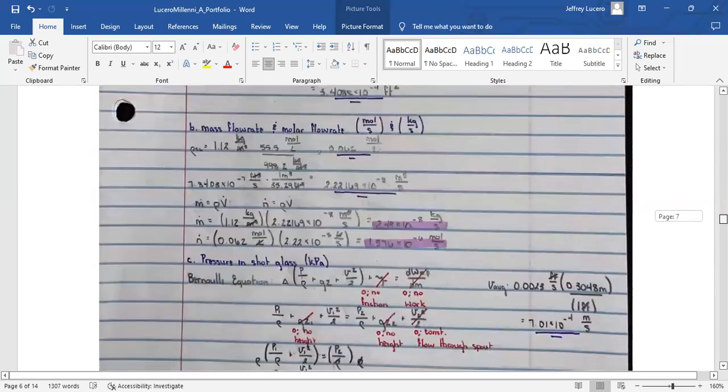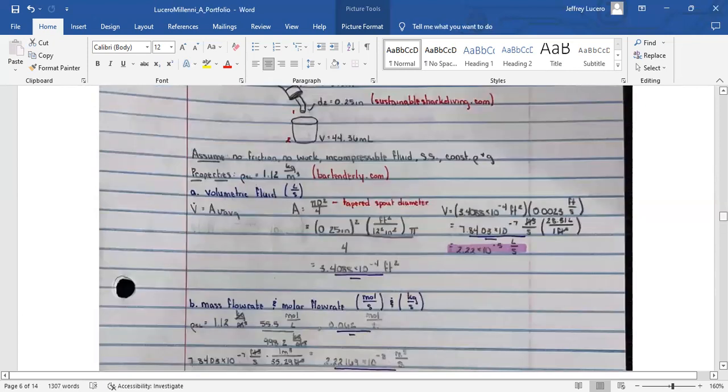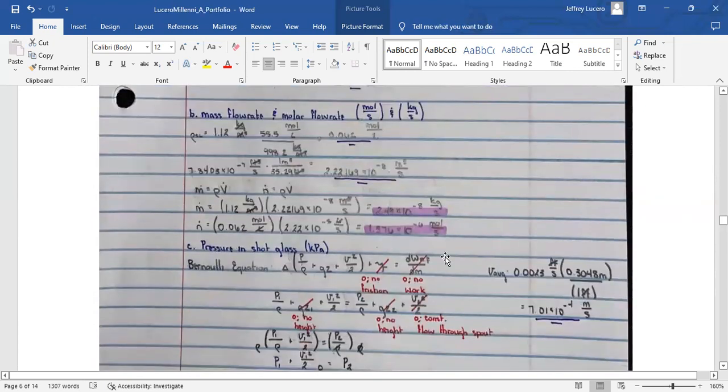For B, we're trying to find the mass flow rate and the molar flow rate, in kilograms per second and moles per second. We know the density of the strawberry liquor is 1.12 kilograms per meter cubed. With the simple conversion that 998.2 kilograms per meter cubed equals 55.5 moles per liter, we get 0.062 moles per liter.